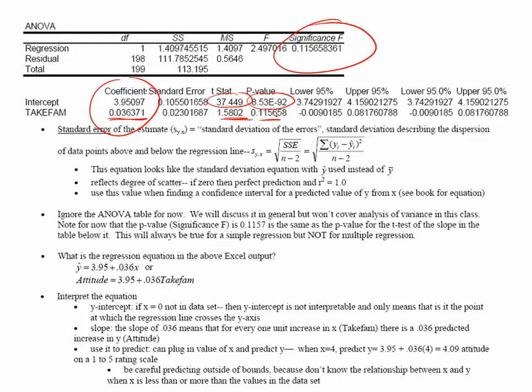The t-statistic is less than 2. That's kind of our 95% confidence interval critical value. And the p-value, like the significance F, is greater than our alpha. So you would say that even though this has a positive slope, we can't say that this slope is something other than 0. There really isn't a relationship between the variable take fam and the variable attitude.